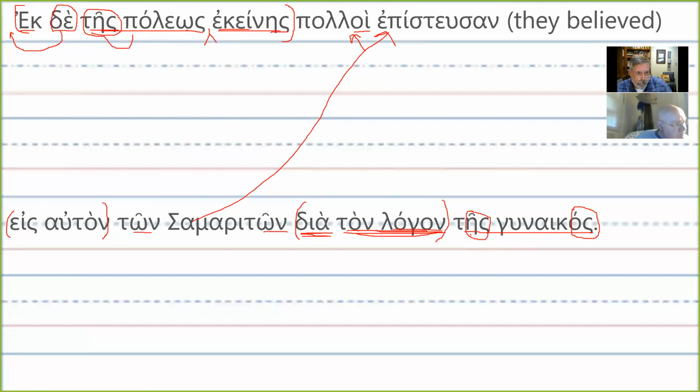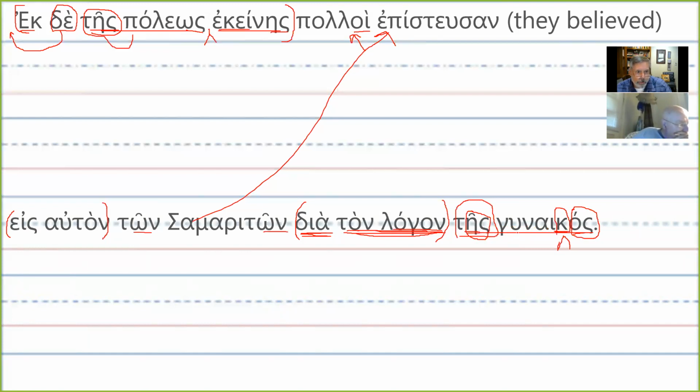Mm-hmm. Even if you don't recognize this as a third declension noun, with the consonant as a stem ending, and then the omicron sigma is the genitive. Even if you don't recognize that, what we want you to recognize is this tes. That's clearly in the genitive, as it is the genitive singular article. And so tes is governing gunaikos, is associated with gunaikos, either way.